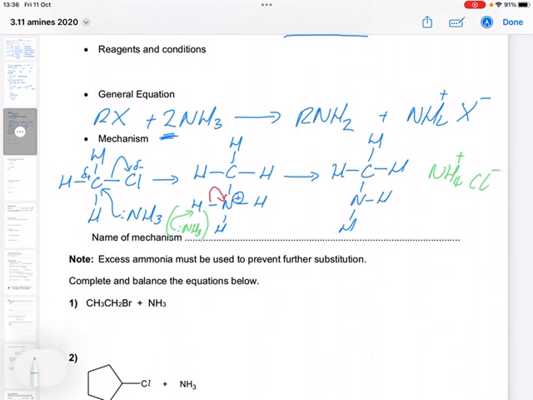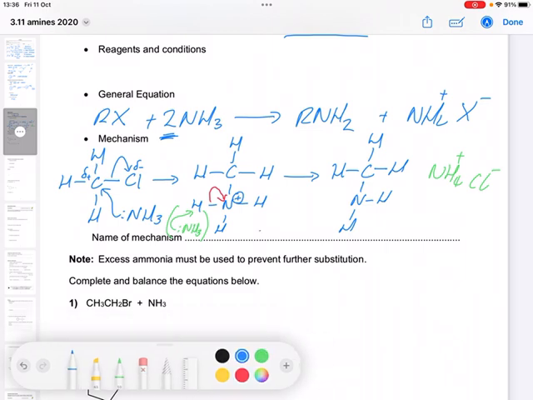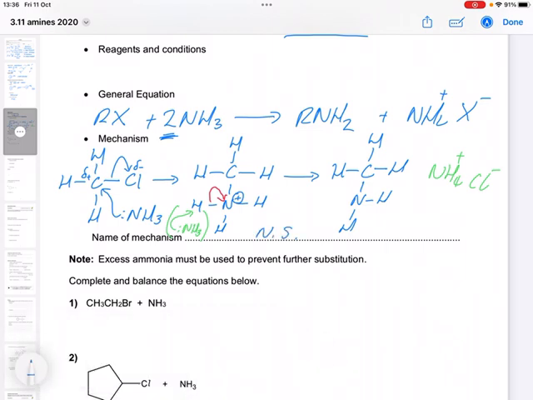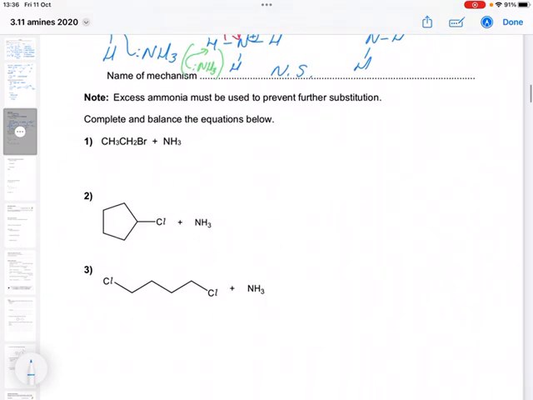Okay, so all of these reactions are nucleophilic substitution reactions, and when we're doing these reactions here, you just need to remember when we're doing the balanced chemical equations, we need 2 ammonia for every halogen that we've got. So because I've got 2 halogens in there, I'm going to need 4 in that one there. So that's going to give me CH3, CH2, NH2, because remember it replaces one of the hydrogens there.